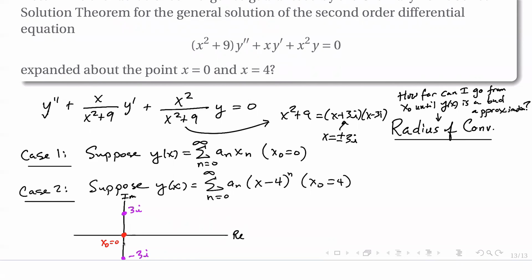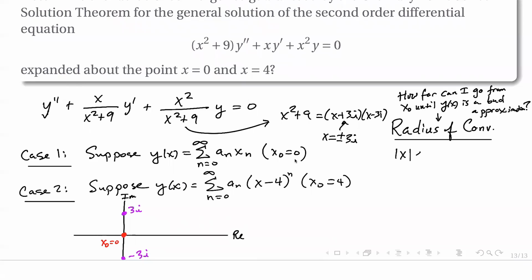Well, they're 3 away, right? There's a distance of 3 here. So I know I would be able to travel a distance of 3 on either side of this point. So my radius of convergence is 3, absolute value of x less than 3.